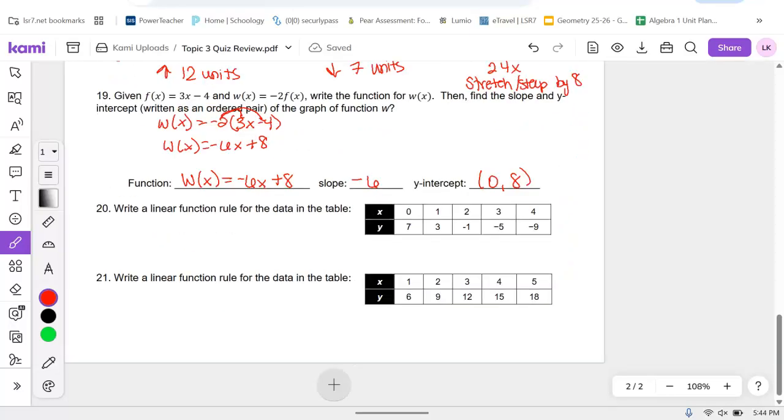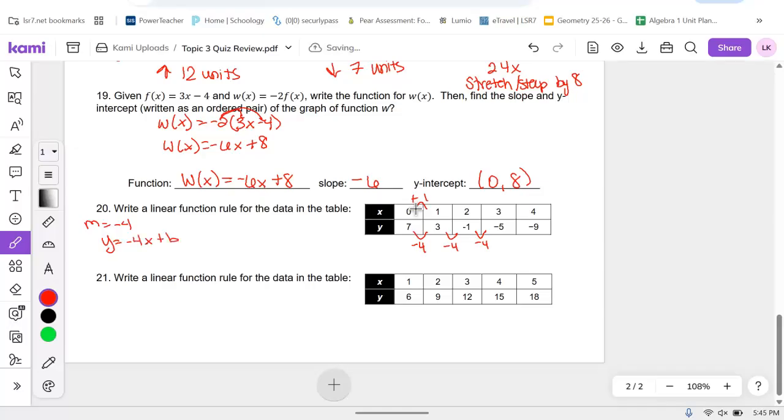Now, my last two problems: write a linear function rule for the data in the table. First thing I have to do is find the slope. So I am going down by 4, and then my x changes up by 1. So my slope is negative 4. Then I'm going to have y equals negative 4x plus b.